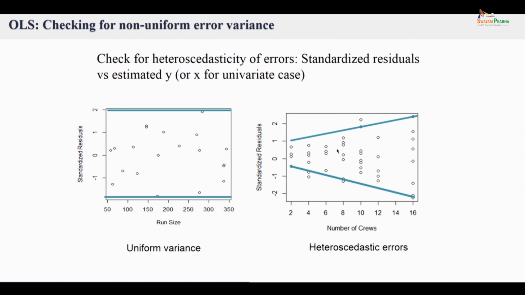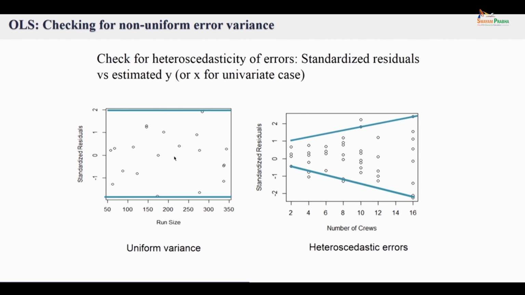For example, on the right hand side we find that when the predicted value is minus 2, the spread of the residuals is very small, whereas when the value is 16, the spread is very high. So the spread increases, or looks like a funnel, when we look at the residuals, whereas such an effect is not found in the data set corresponding to the left hand side.